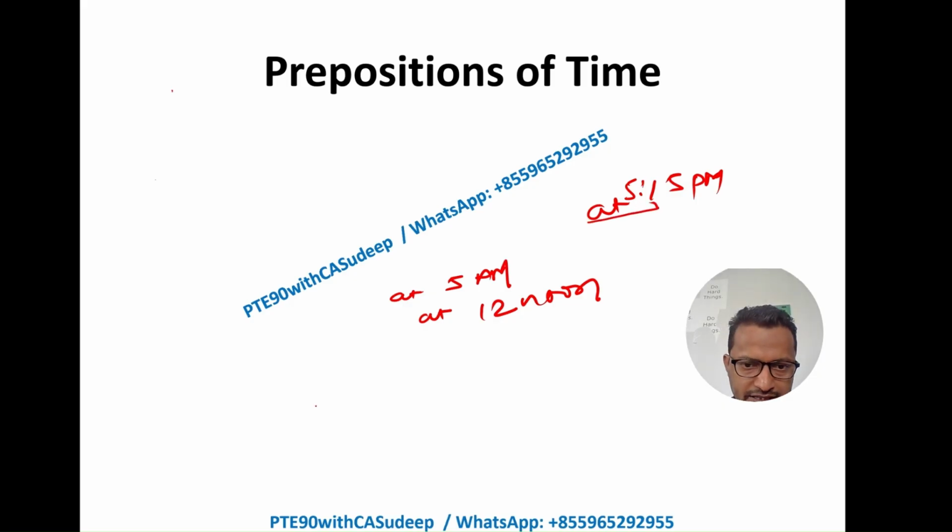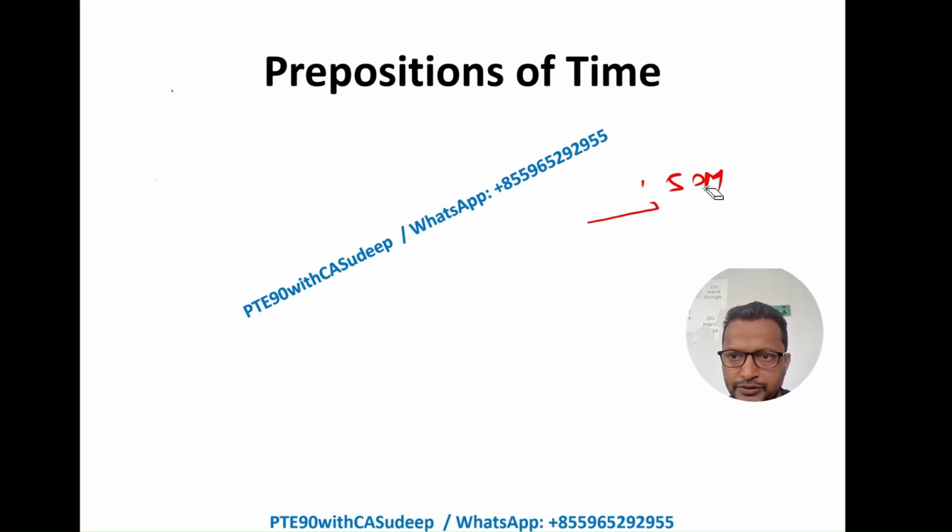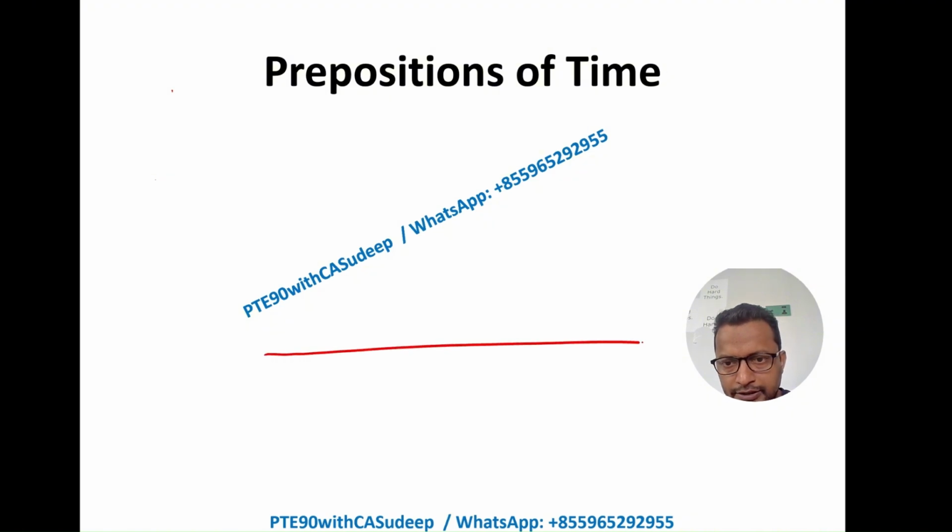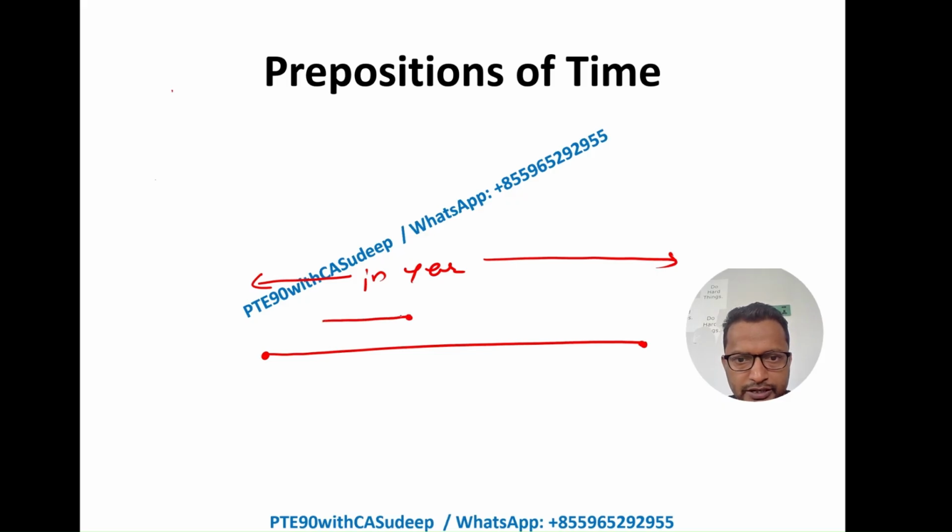Let me draw the timeline now, so it would be very easy for you to remember. If you consider this as a long period, here consider this as a year, then in. So this long period is year. And then this year is divided into months, which are also a long period, in month.